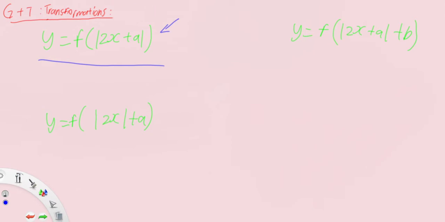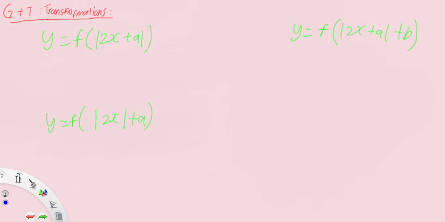Nonetheless, I will need to teach you how to transform this graph so that you can at least know how to sketch it. Now, for the first example, y equals f(|2x + a|), you notice that the modulus also applies to the a. Which means one thing. Let's do some experimentation.